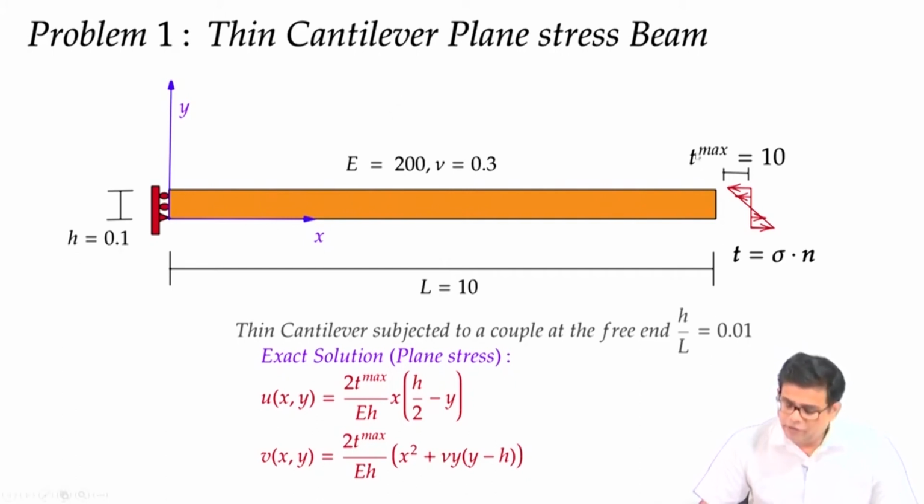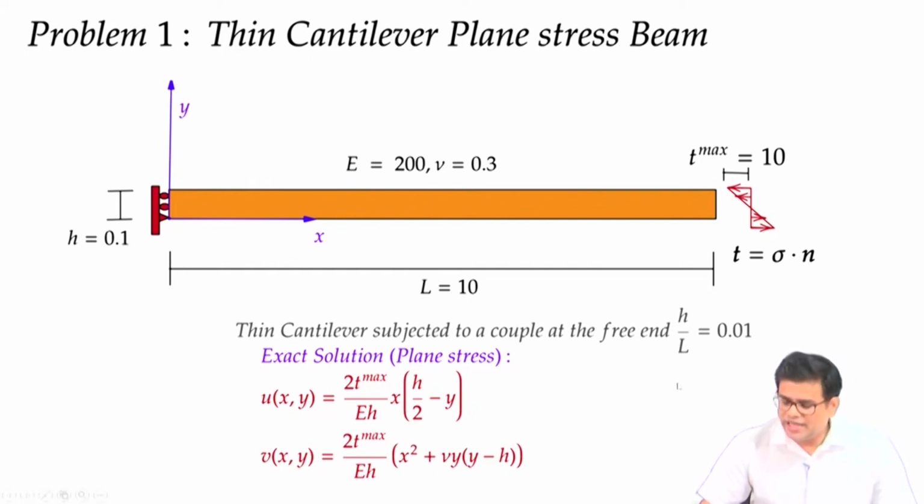In this beam we apply a moment, essentially a sigma xx, the stress along the x direction, and this stress profile is very familiar from our knowledge of solid mechanics or advanced solid mechanics, whatever you call it. We apply this stress profile at the free end of the cantilever beam, and we consider the length as 10 units, which can be millimeters or any other unit, and h as 0.1 unit.